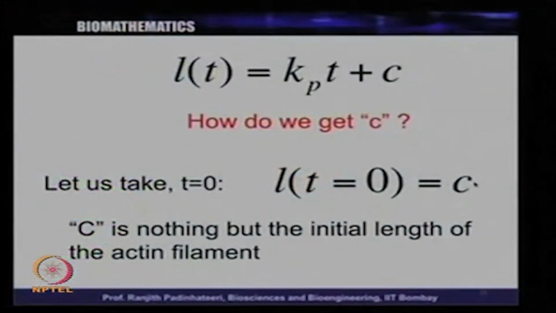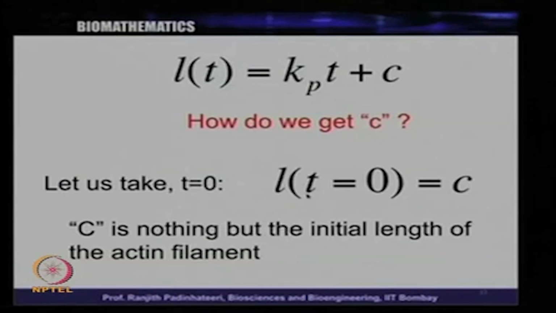Whatever the length is when the polymerization starts, you can call it the initial length. So, c is nothing but the length at t equal to 0, the initial length of the actin filament.